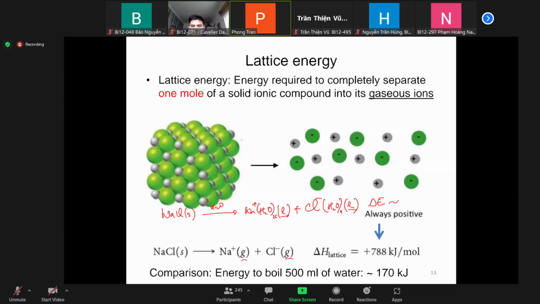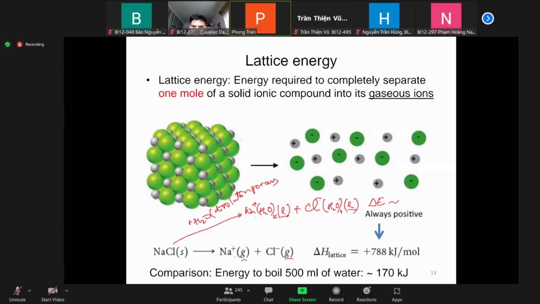They are not similar. So if you want to move from here to here, you can imagine the following. You take the same sodium chloride solid, you put water inside. So this is the dissolution process. Okay, so you have different species of sodium compared with the definition of lattice energy.